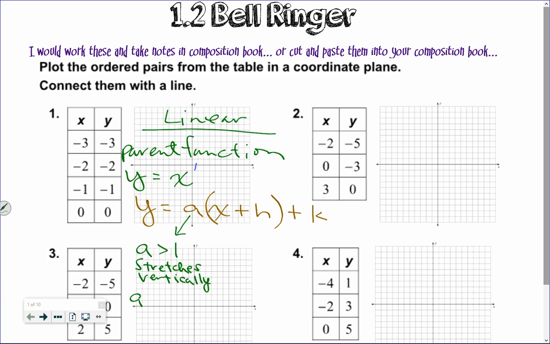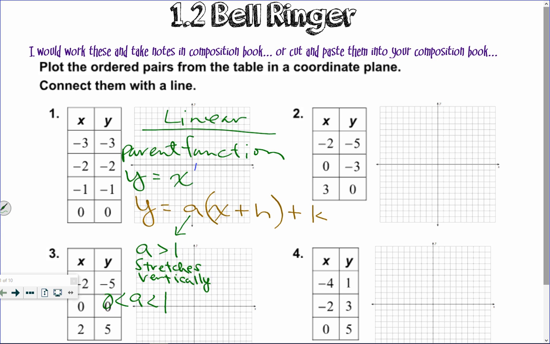If a is greater than 0, but less than 1, okay, what type of number is that? If it's greater than 0 but less than 1, what type of number would it be? It's going to be a fraction or a decimal, isn't it?